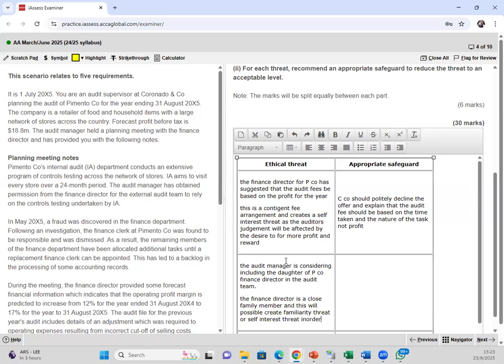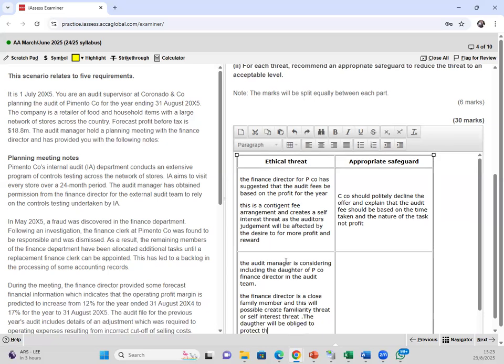The daughter will be obliged to protect the actions of the FD.